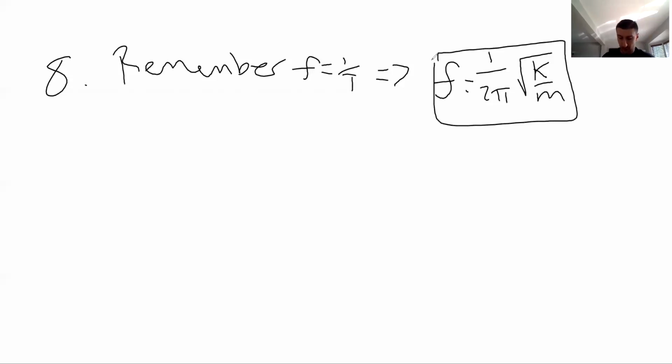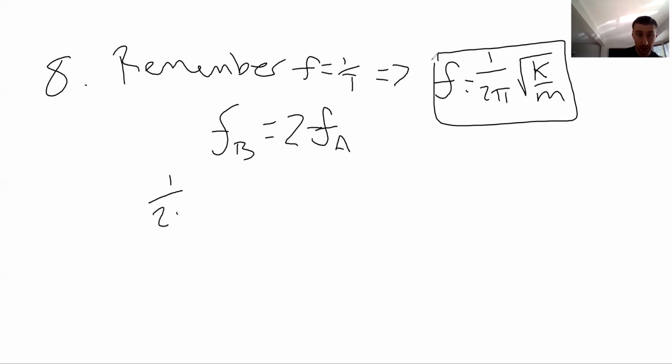Okay, so I know the frequency of B equals, this is what it gives you in the problem, 2 times the frequency of A. They're saying that frequency B is 2 times the frequency of A. So let's go ahead and plug in here. So I know frequency of B is going to equal this.